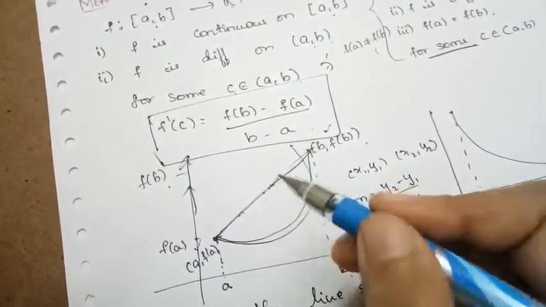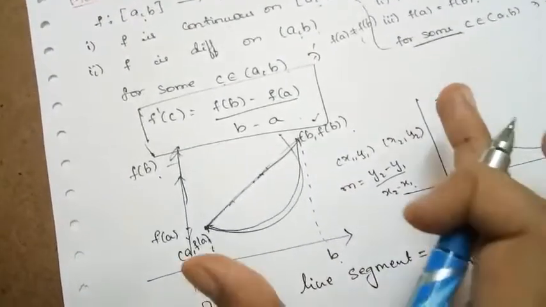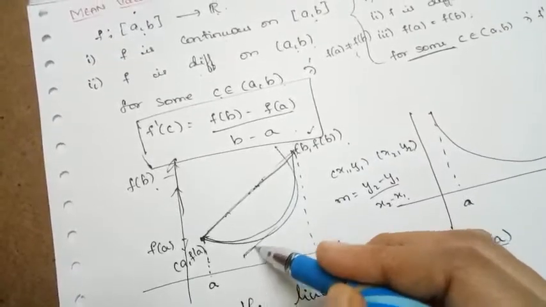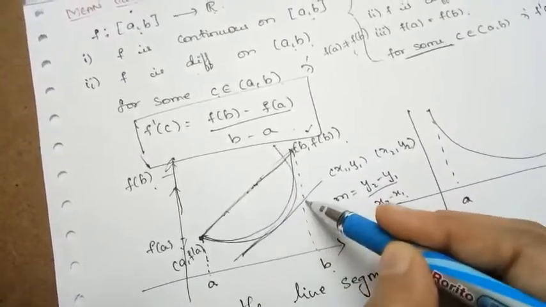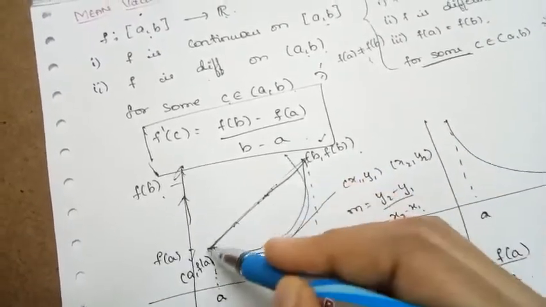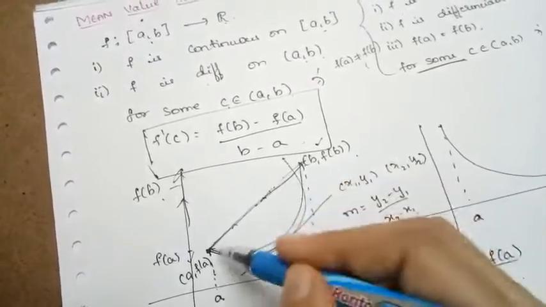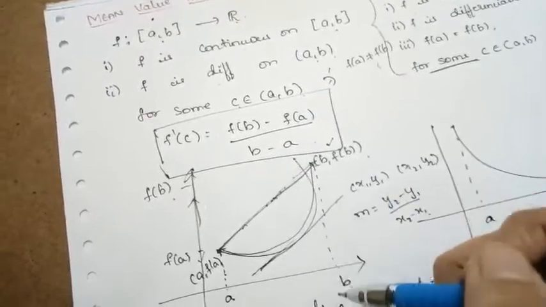We know clearly that the slopes of two parallel lines are equal. So if I draw the line here like this, this tangent which I have drawn is parallel to the line segment joining the endpoints. So clearly the slopes of these two lines are equal.